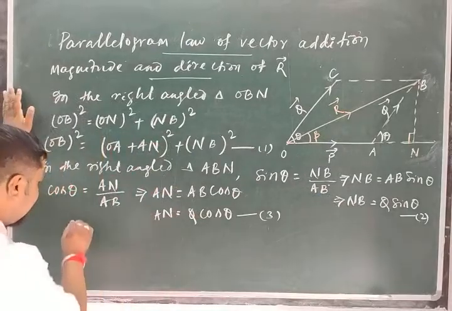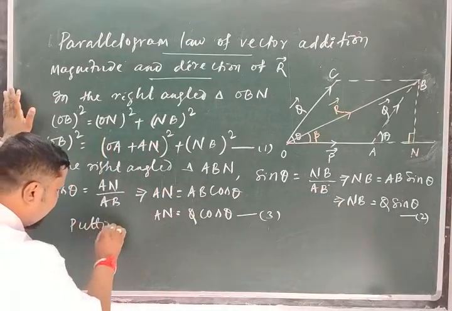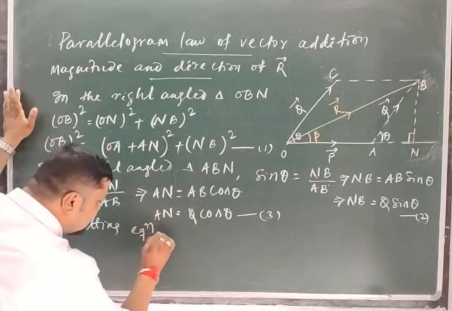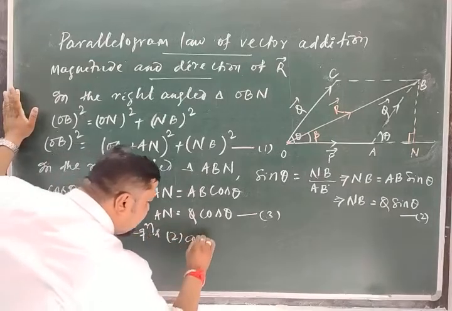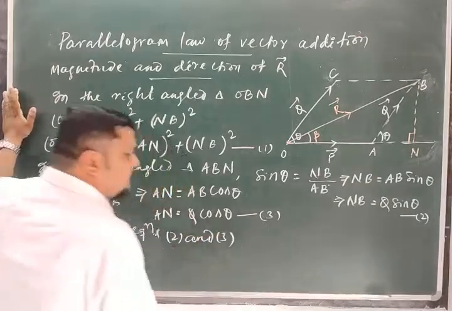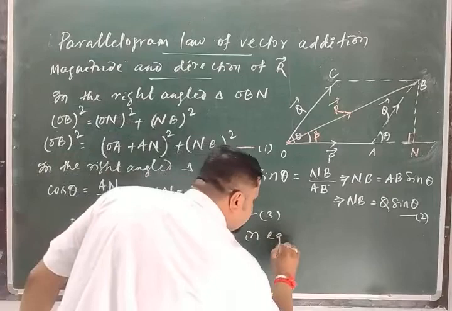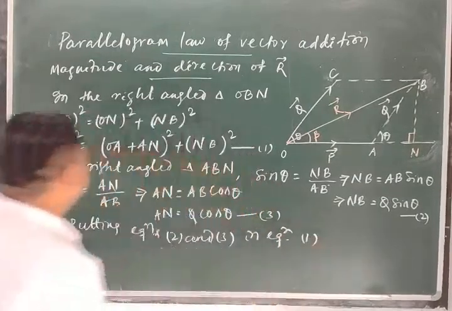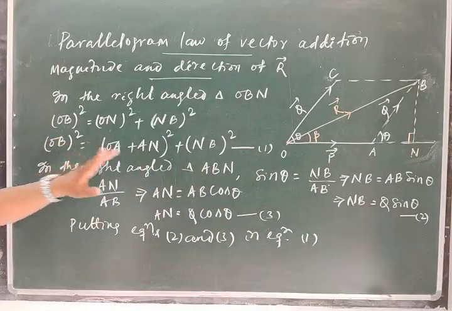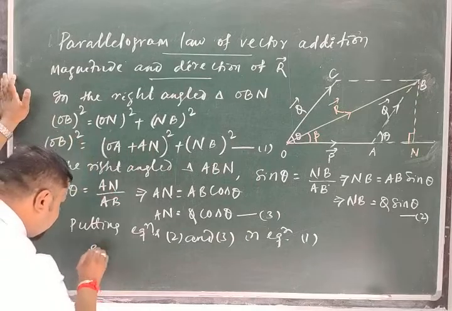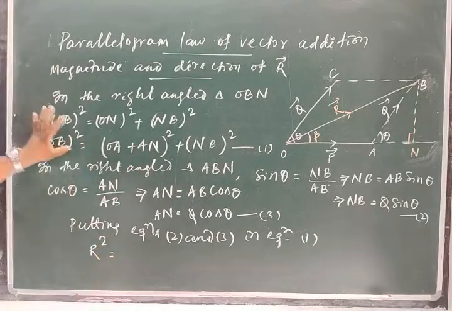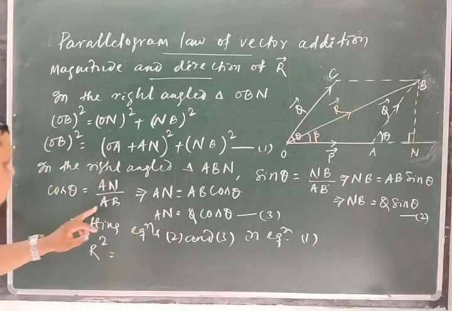Clear? Putting equations 2 and 3 in equation 1. What is OB? OB is R. So R square is equal to OA plus AN whole square plus NB square. What is my OA?